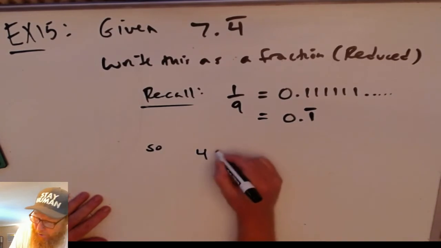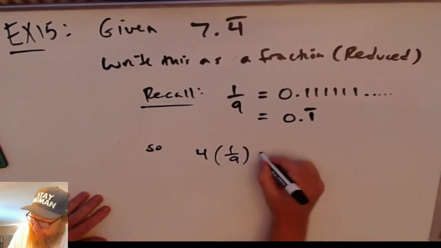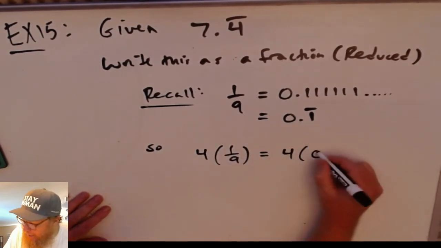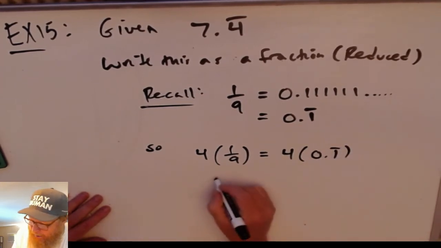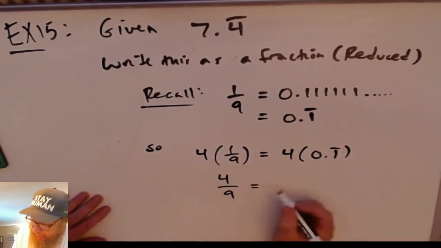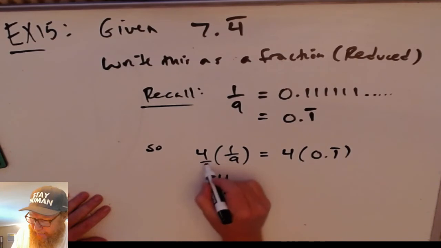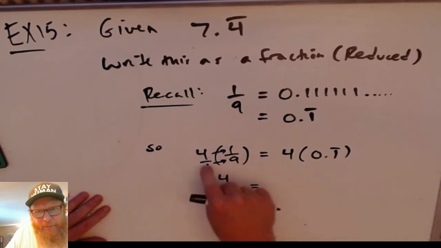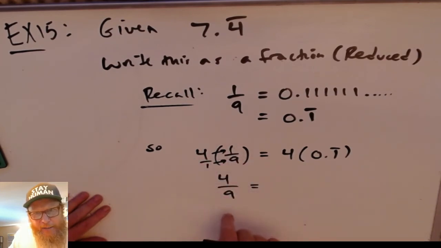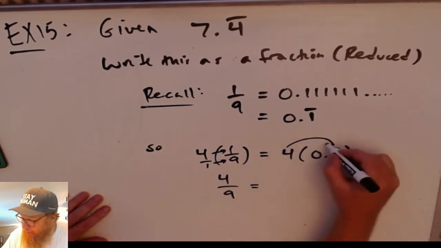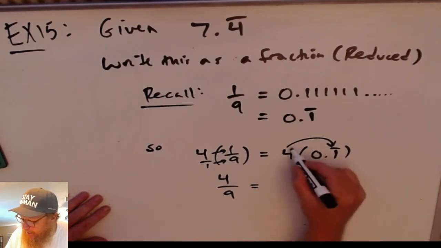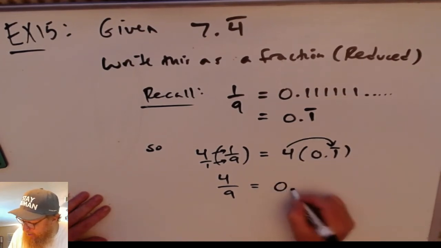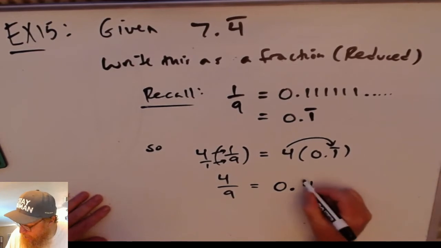So 4 times 1/9 is equal to 4 times 0.11111. Remember, 4 times 1/9 is the same as 4/9. You just multiply 4 times 1 and 4 times 9. And then you multiply 4 times 0 is 0, and 4 times 1 is 4.